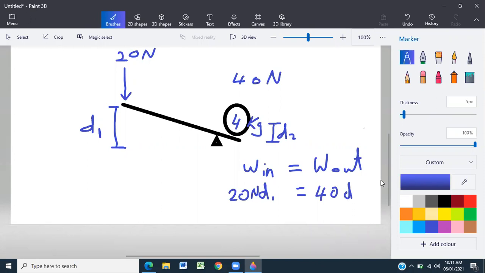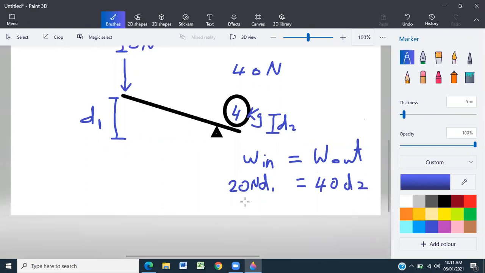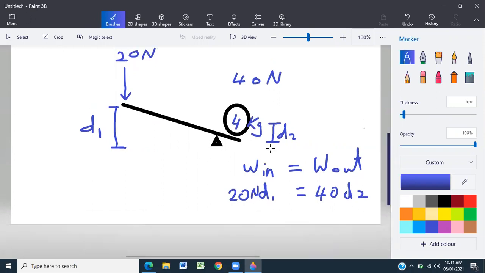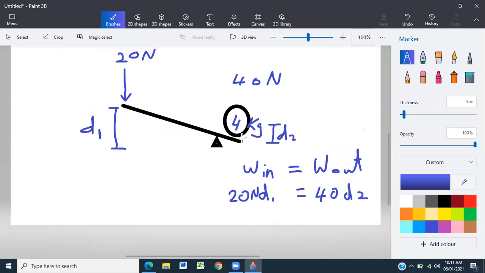In order for this to be equal, we should notice that d1 is obviously larger than d2. So it's like it's concentrating the energy into a shorter distance, allowing us to lift more weight. The property that describes how we go from this longer distance to this shorter distance is the movement ratio, or what we sometimes call the velocity ratio.